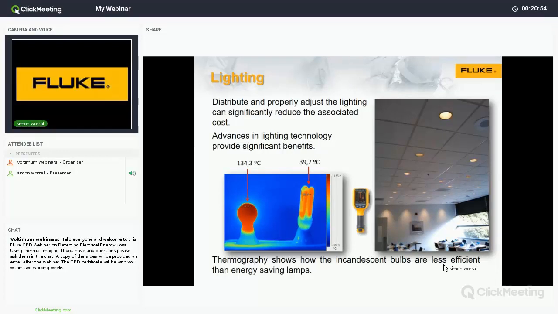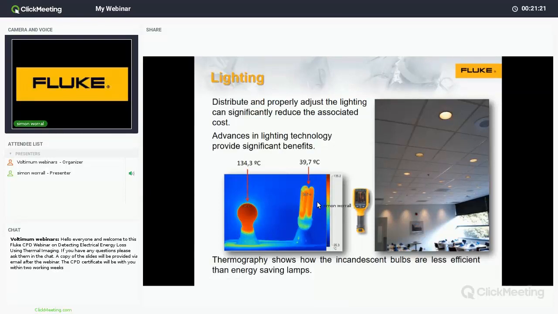We're just going to take a quick example and look at lighting. On screen at the moment, we've got a thermal image of an incandescent light bulb, which is running at 134 degrees. And we've got the same image of a compact fluorescent, which is running at 39 degrees, approximately 100 degrees less. So the incandescent light bulb is creating 100 degrees more, which is wasted energy.